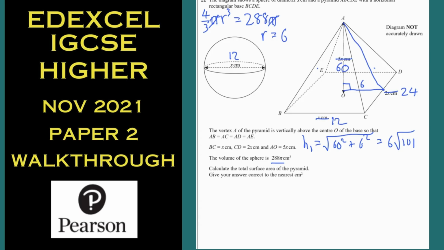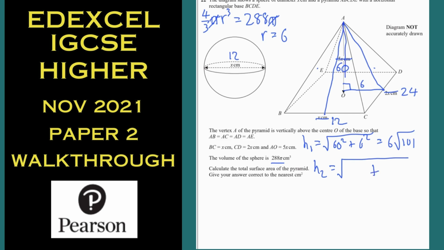You now need to do the same to this front triangle ABC, because that's going to be the height there, which is also the hypotenuse. So you're also going to need to square root and add.